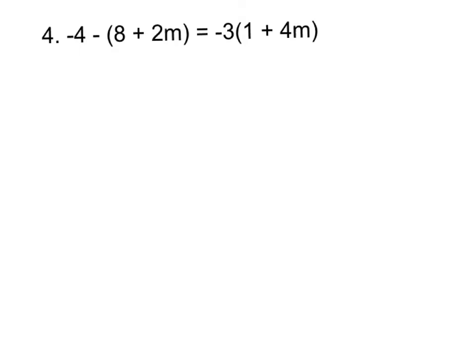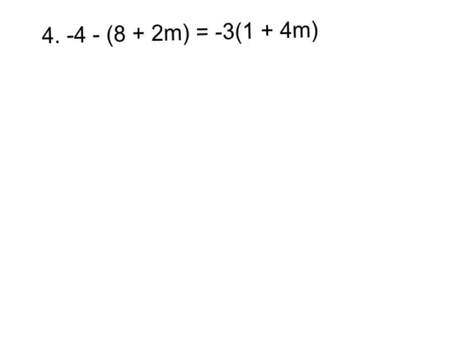Our last example. Negative 4 minus, in parentheses, 8 plus 2m equals negative 3 times 1 plus 4m. Step 1, we're going to distribute. All right, so what are we going to distribute on the left side? Now be careful.